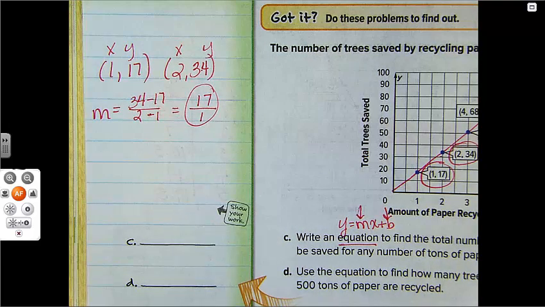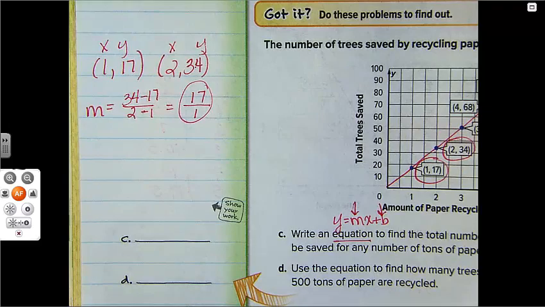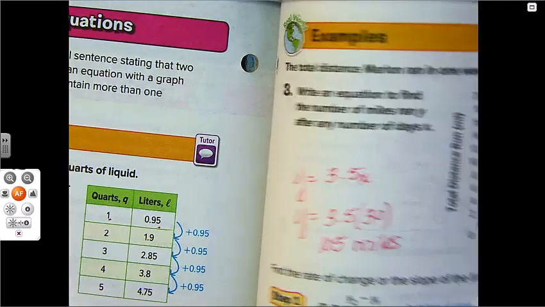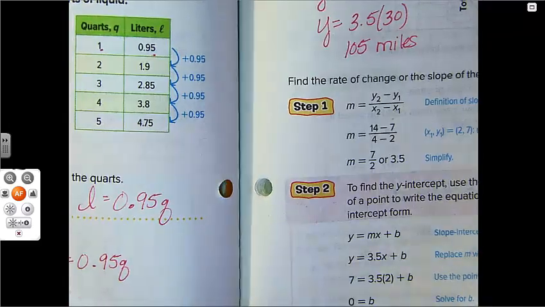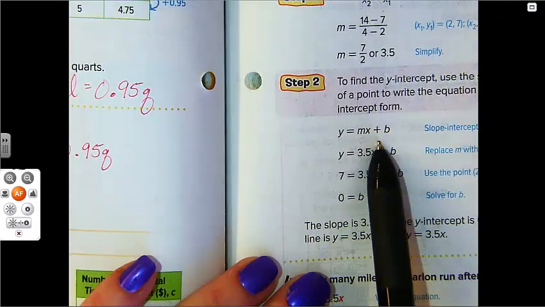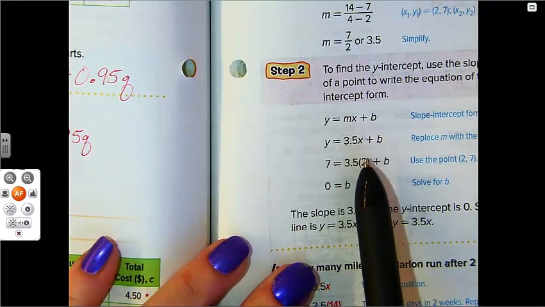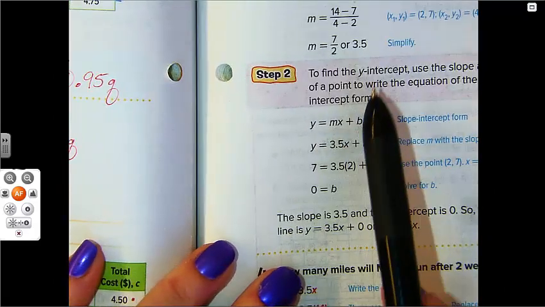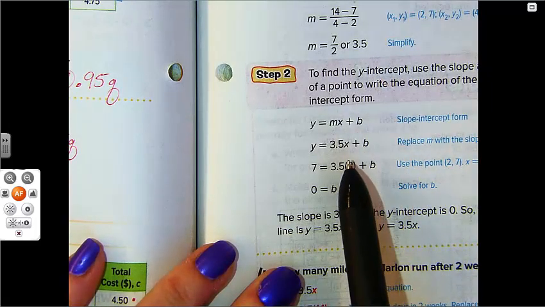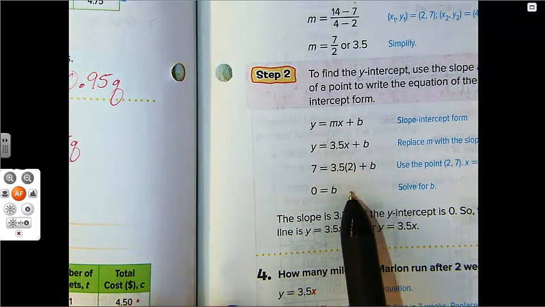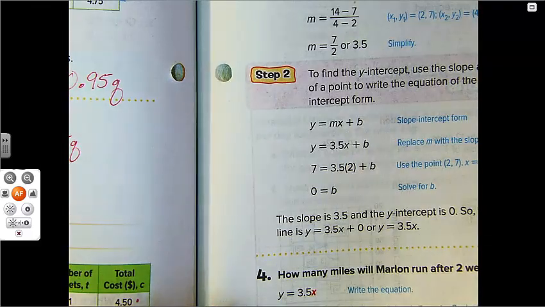Now I have to find my y-intercept, where it's going to cross the y-axis. And if I look back over here, it tells me that I can put in my slope, whatever slope I find, and one of my points for x and y, to find my y-intercept. So let's do that.